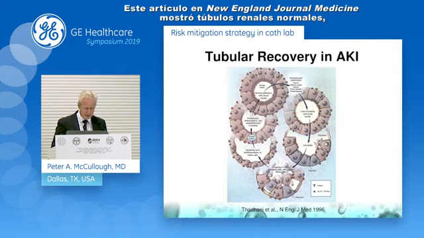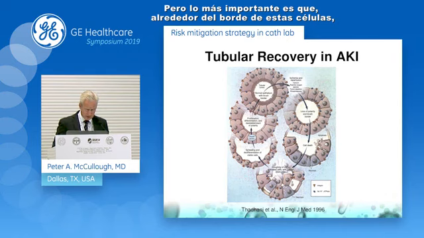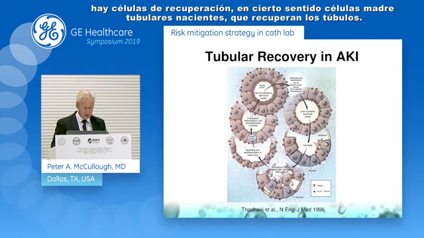In this New England Journal of Medicine paper, it was pointed out that normal kidney tubules are taken here in cross-section, and in the setting of injury, there is actually damage and sloughing of these cells. But importantly, around the rim of these cells, there are recovery cells, in a sense, nascent tubular stem cells that will recover the tubules.